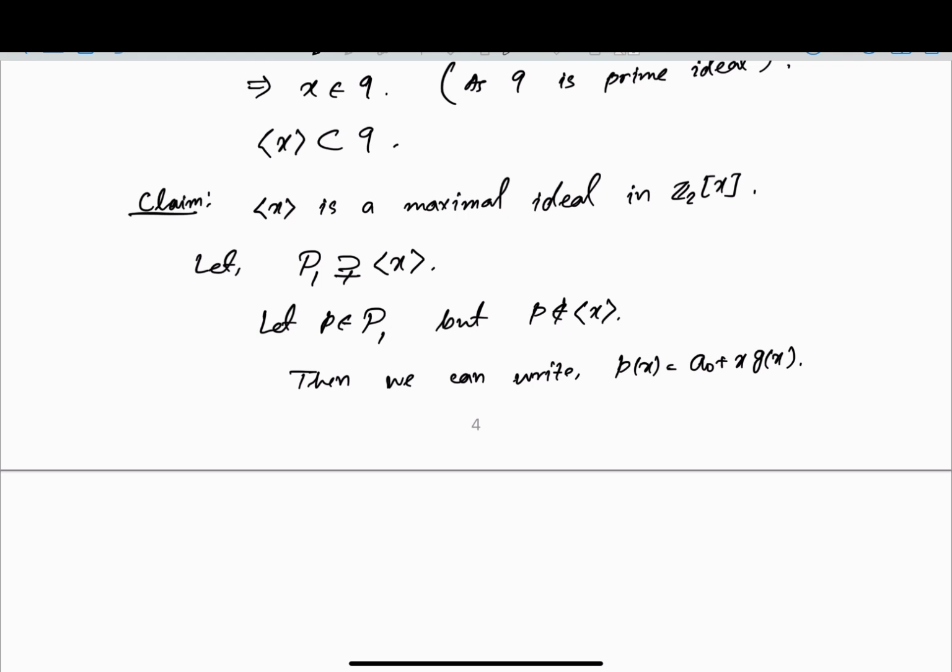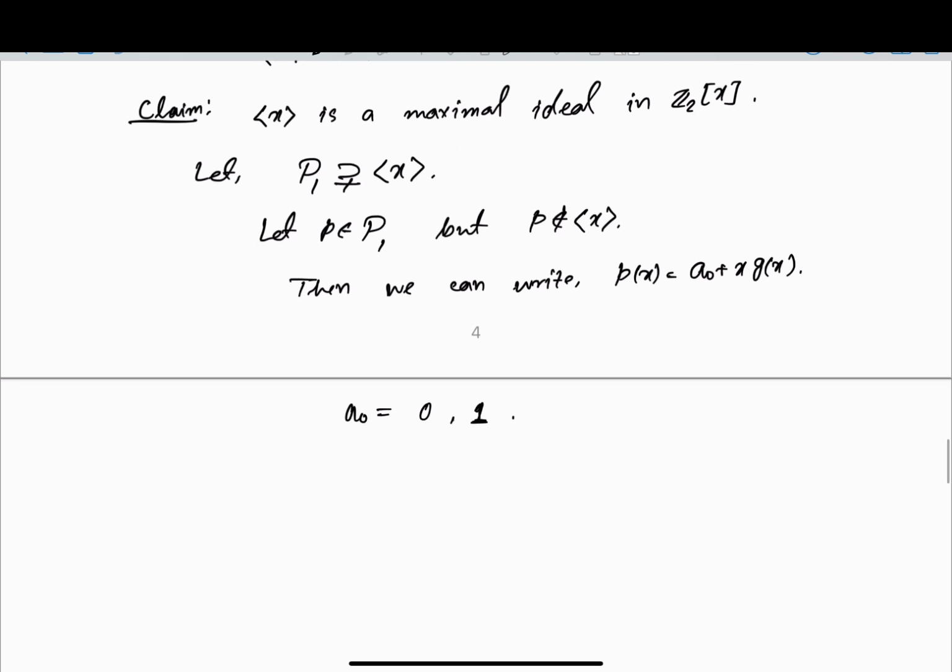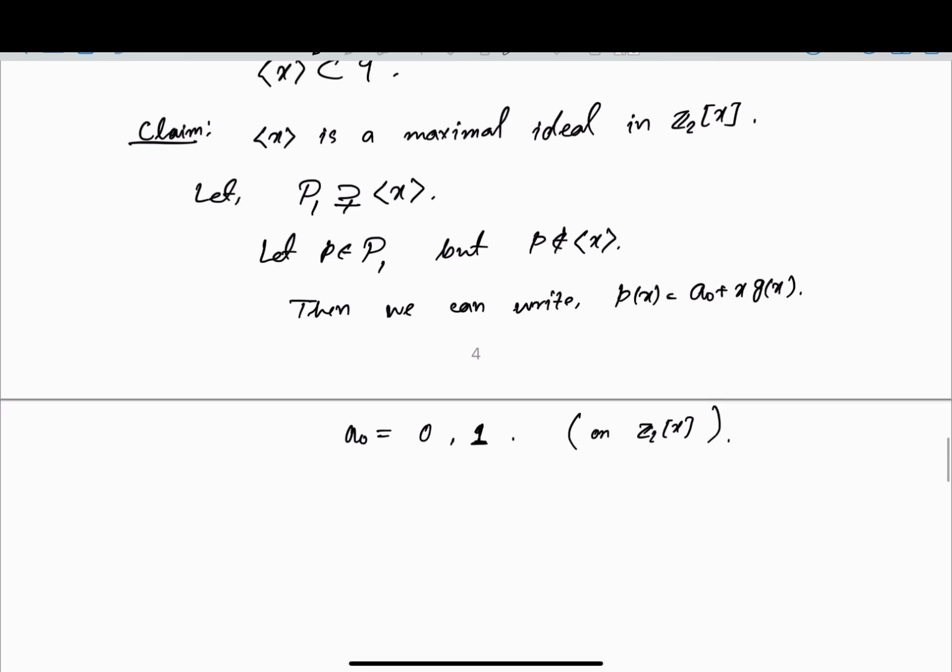Now a naught is in Z2, so a naught is either 0 or 1. Note that a naught cannot be 0.